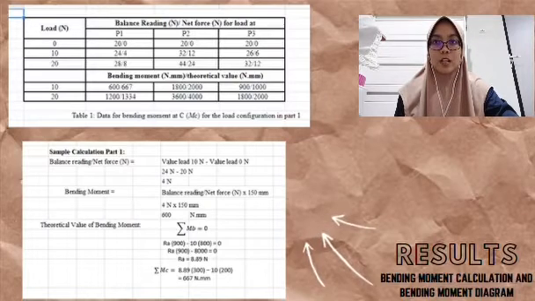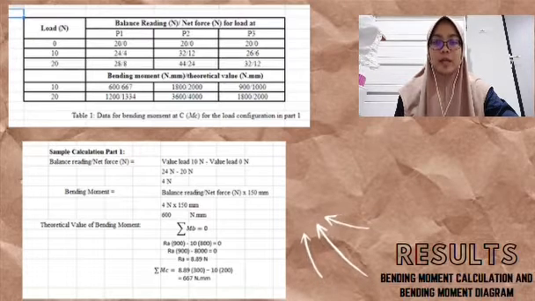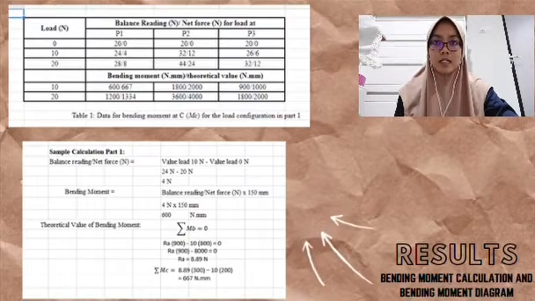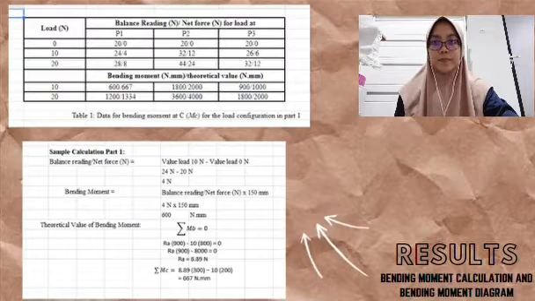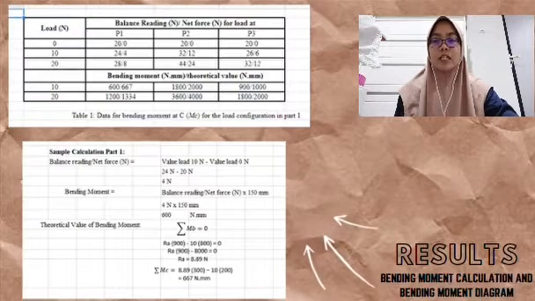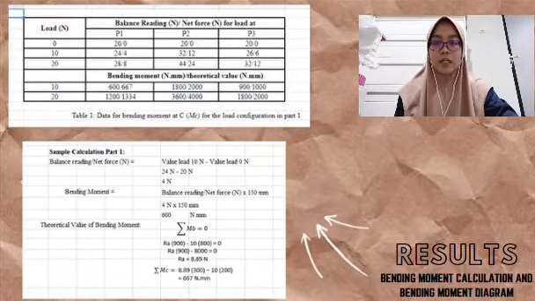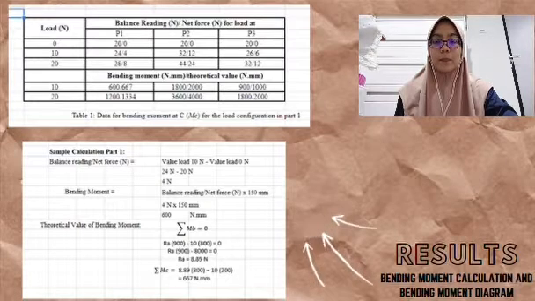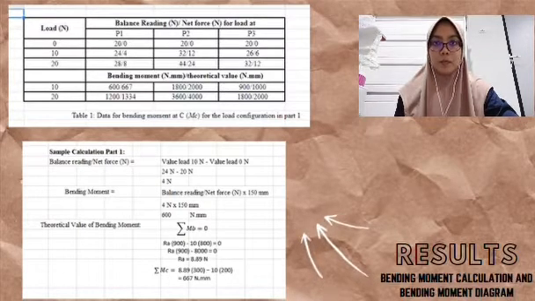From this value, we can calculate the bending moment, which is 4N multiplied by 150 mm, and we get 600 Newton millimeter.